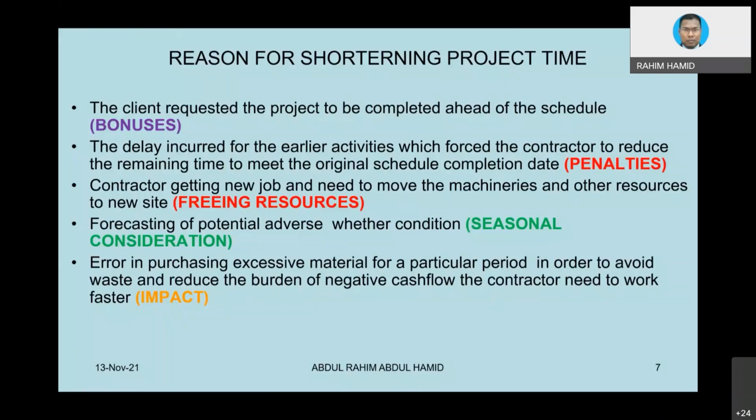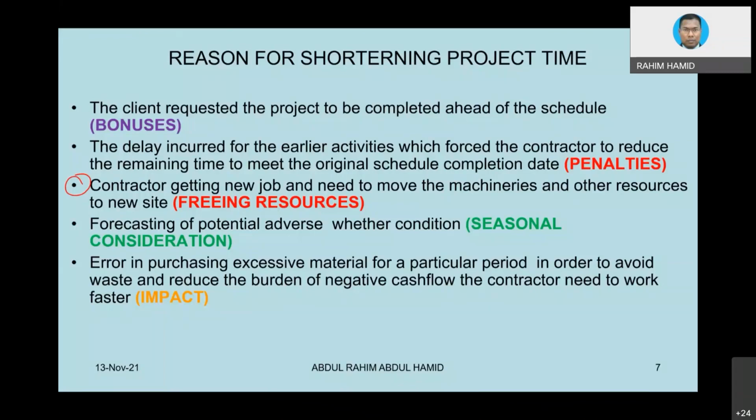Number 3, the contractor is getting a new job and needs to move the machinery and other resources to a new site, freeing resources. Let's say you are handling a current project, project A, and suddenly while still working on project A, you get a new project, B or C, whatever.